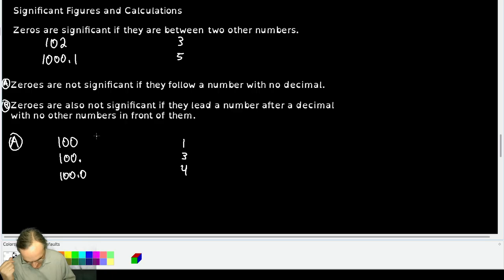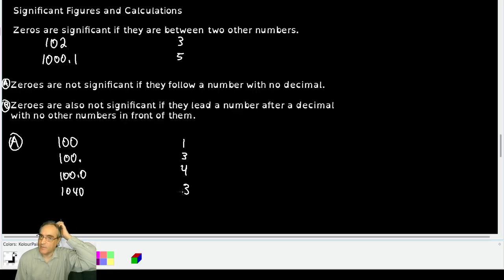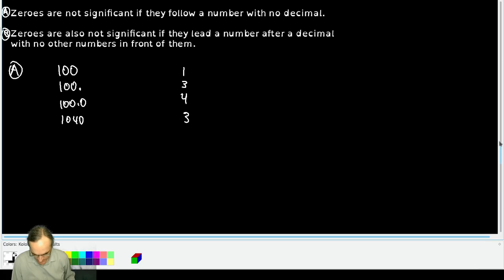Other examples would be something like if you had a number 1040, that has 3 digits of precision. The final trailing zero is not significant. The one buried between 2 numbers is significant. Okay, examples of the B type. If you have something like 0.001, that has 1 digit of precision.